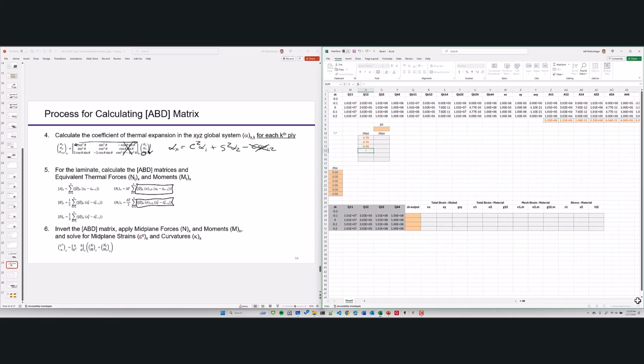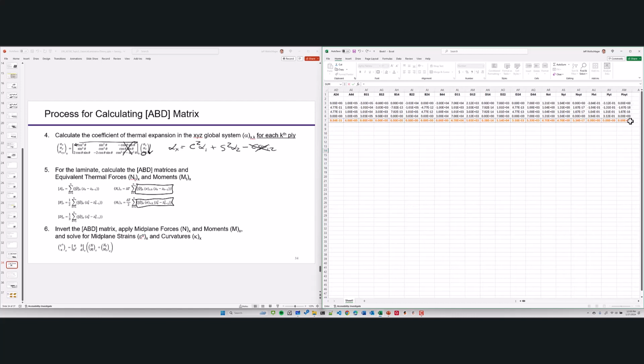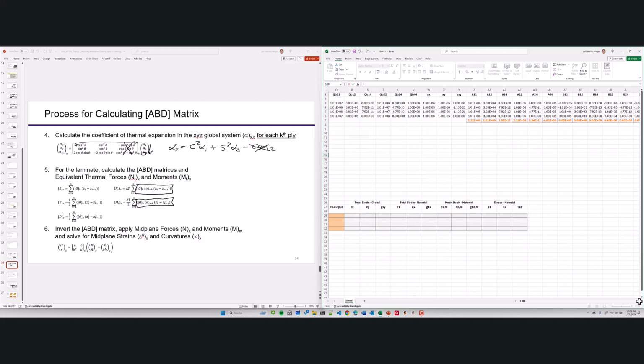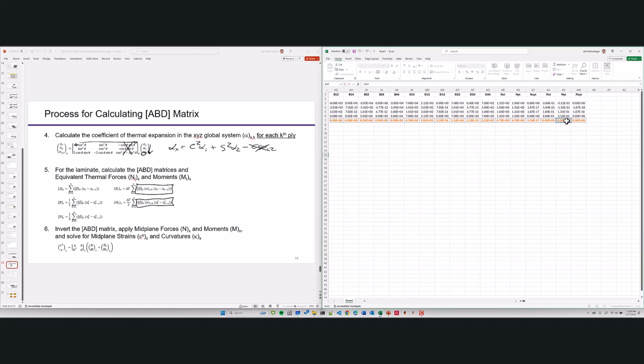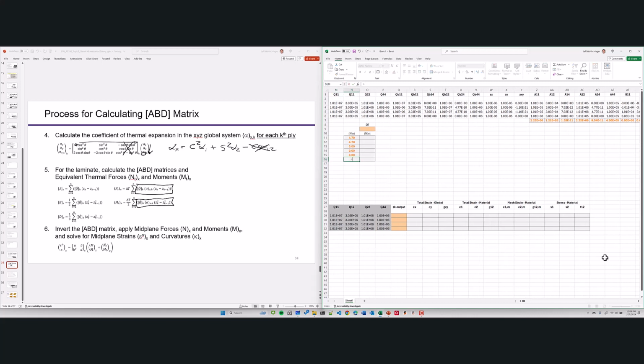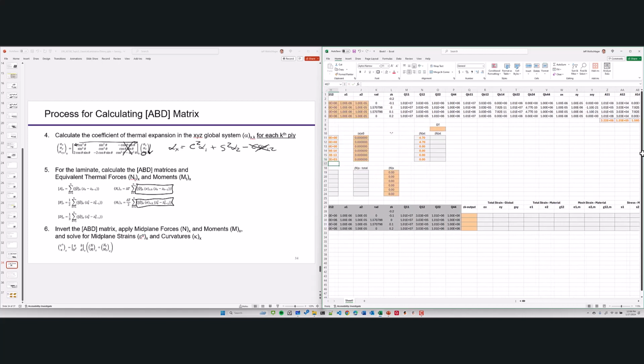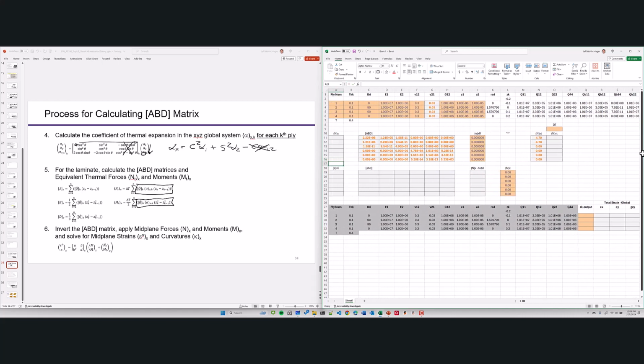So that's mxt, equivalent moment thermal, which is there, and then my myt, just reordering this from row to column form to put it in the matrix form that I need it in. There we go. So now I have the equation starting to get filled out.